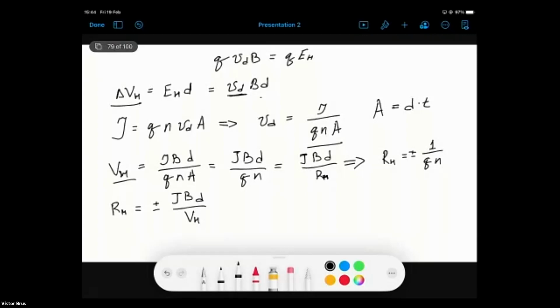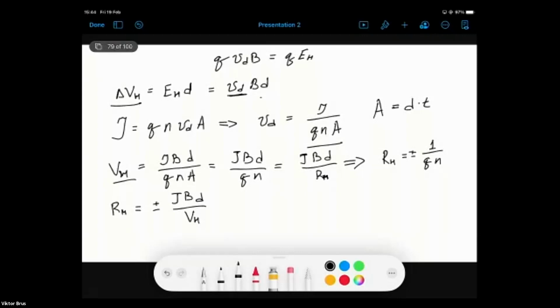On the right side, we have all parameters which can be experimentally measured. So we can measure current density. We can measure magnetic field. So these parameters are constant and we just predefine them when we do the experiment.